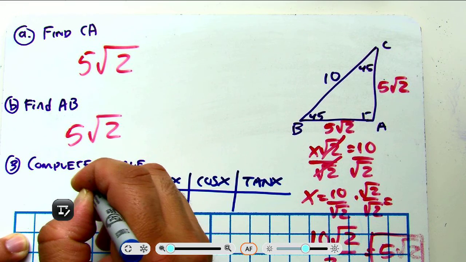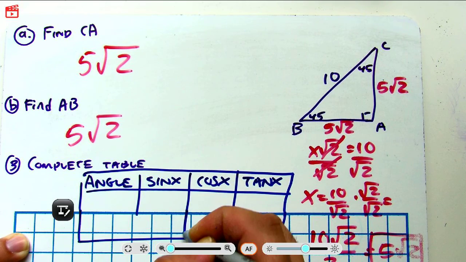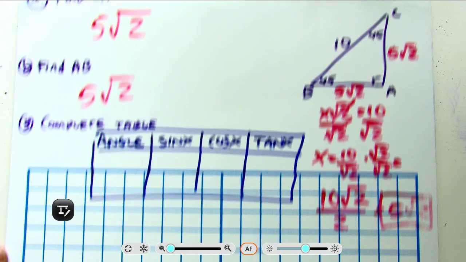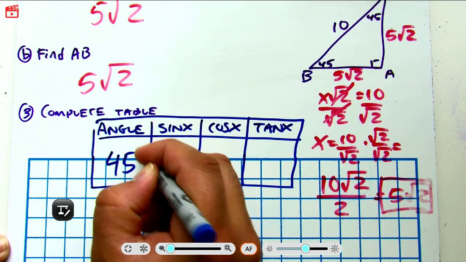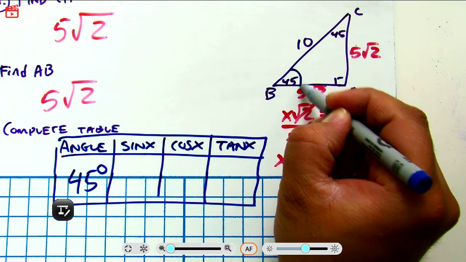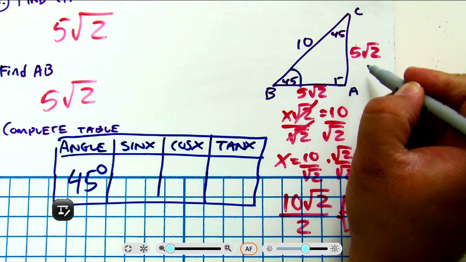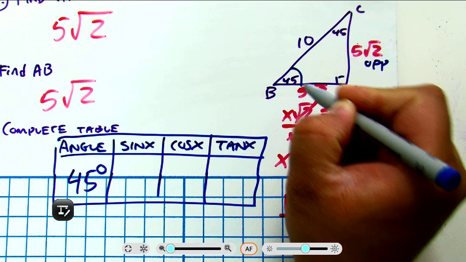And the angle that they give us is 45 degrees. So let's say that this is the angle that we're looking through. This would be my opposite side. This is my adjacent side, and this is my hypotenuse.